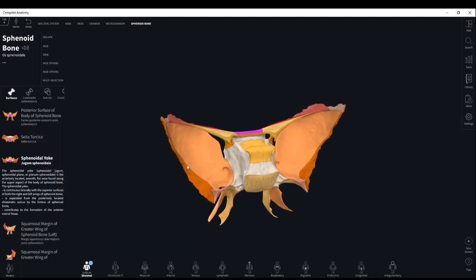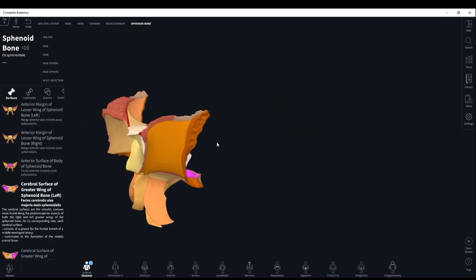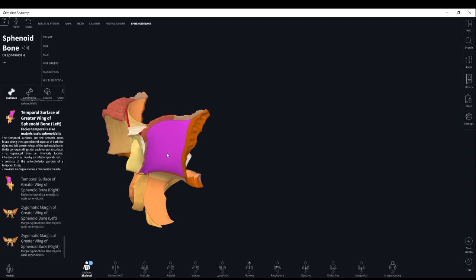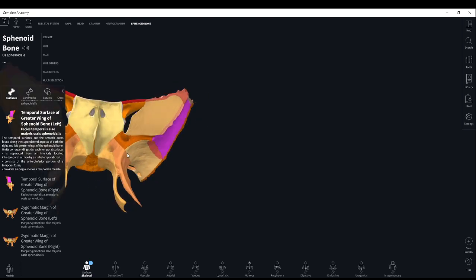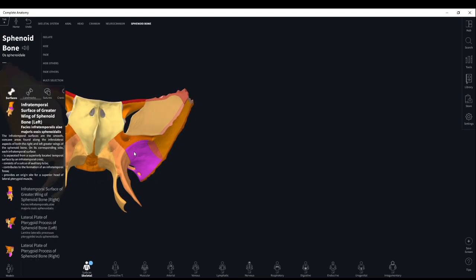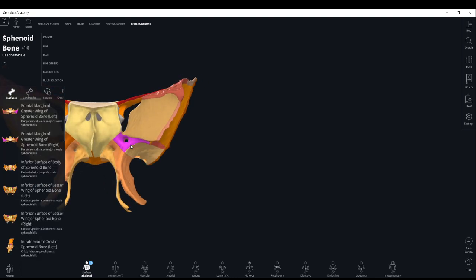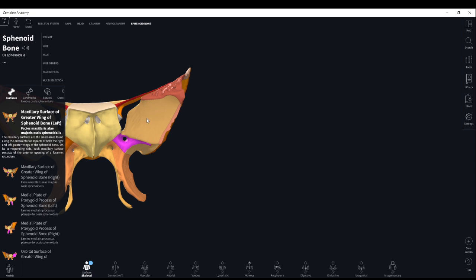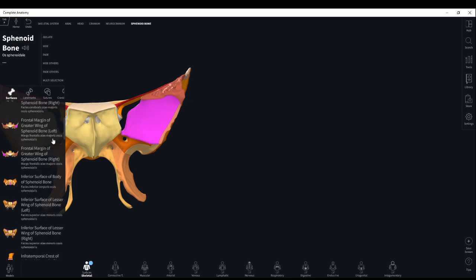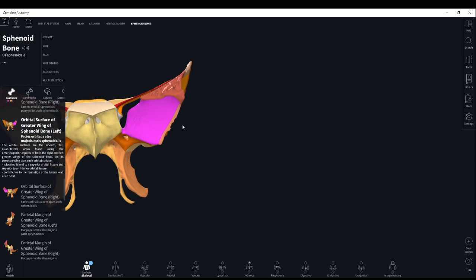The wings have a cerebral surface, facies cerebralis, temporal surface of the greater wings, facies temporalis, facies infratemporalis, and facies maxillaris, related with the maxilla. And some visible through the orbit is the orbital part or orbital surface of the greater wing.